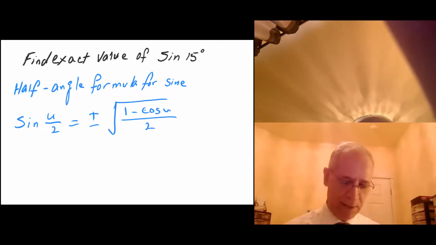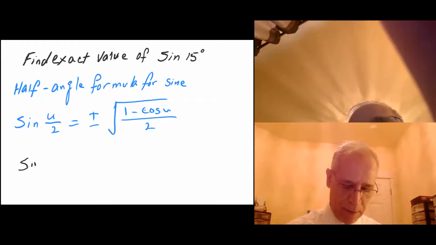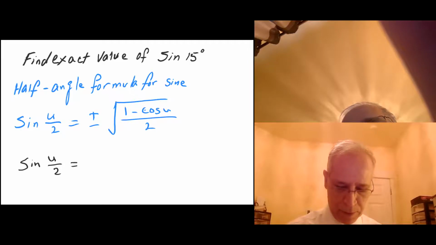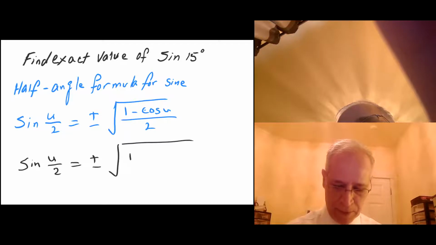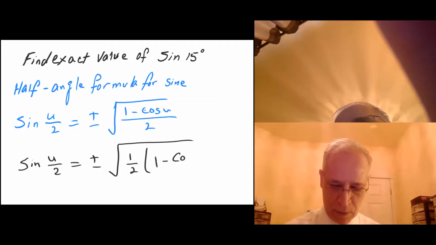This is the same as saying sine of U over 2 equals plus and minus square root of, let me just factor out the 1/2 outside, so I have 1 minus cosine of U.